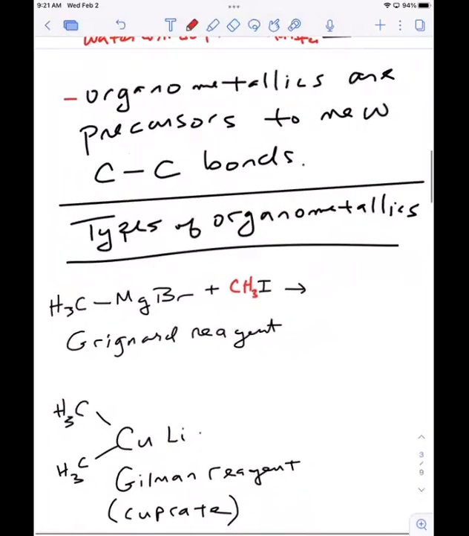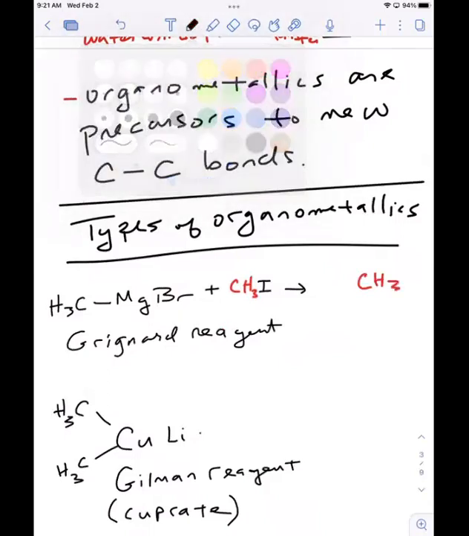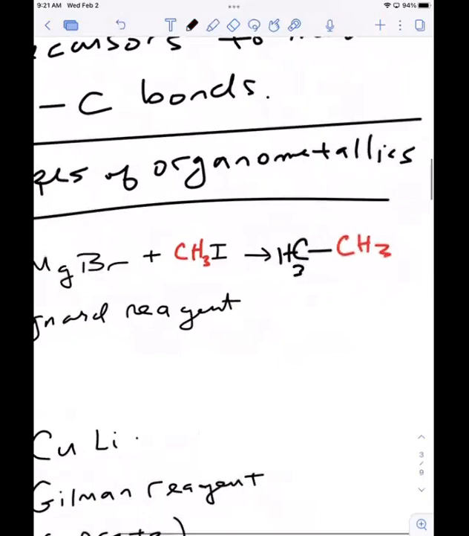So that's going to give me on the other side of the arrow this new carbon bond, right? And we'll talk about how the reaction happens and all that stuff. My H's are just not cooperating today.